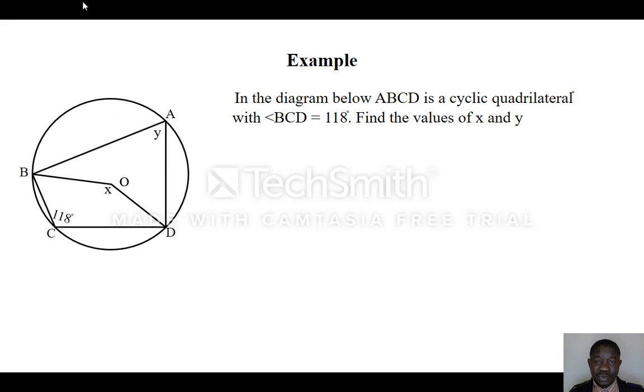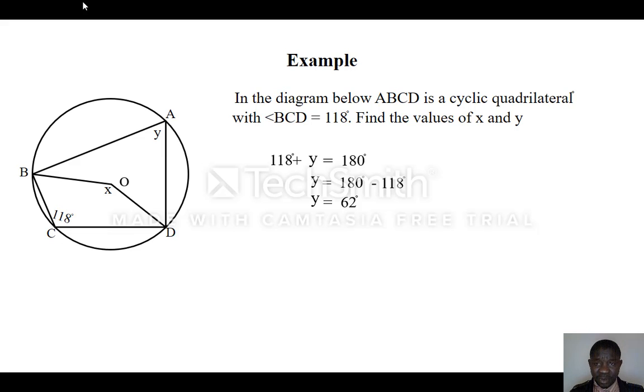Let's look at this example. We have been asked to find the values of x and y. From this diagram, 118 degrees plus y equals 180. Therefore, y equals 180 minus 118 degrees, and we get y equal to 62 degrees.